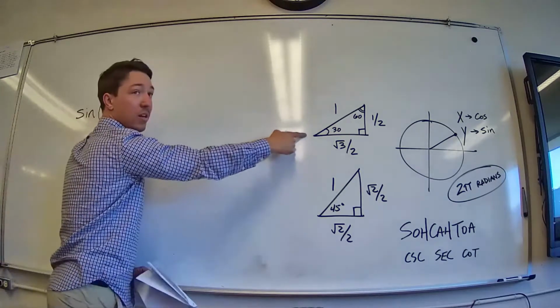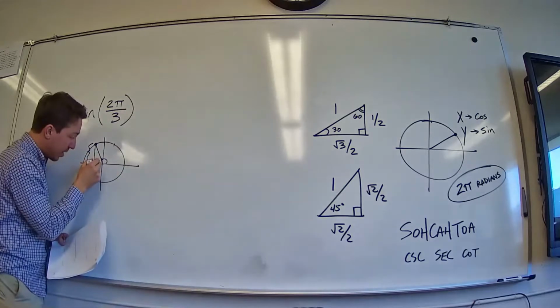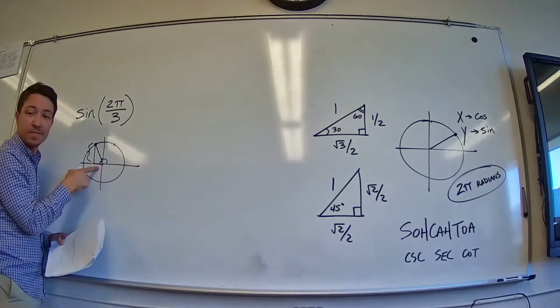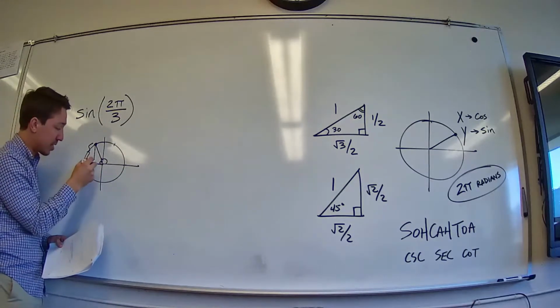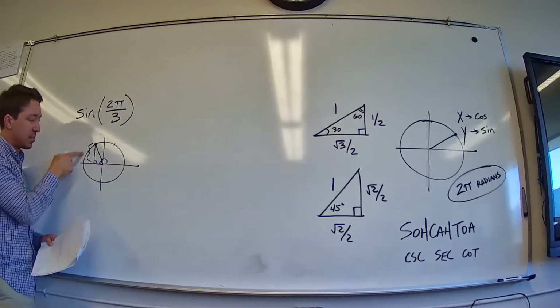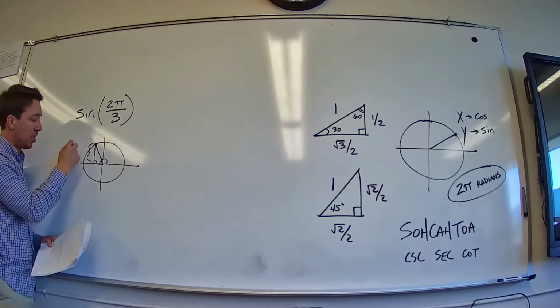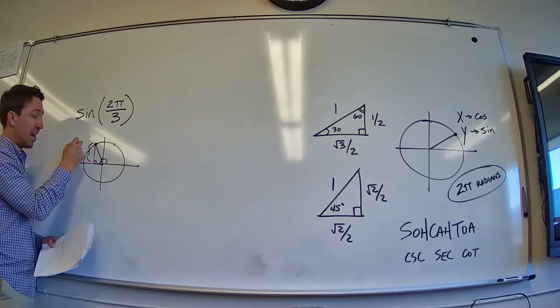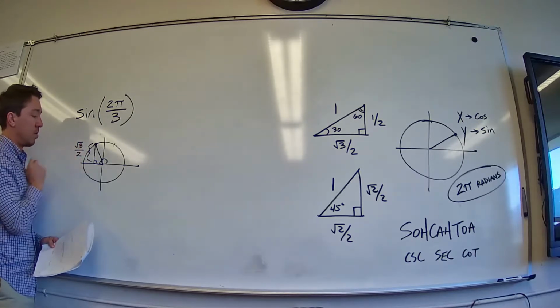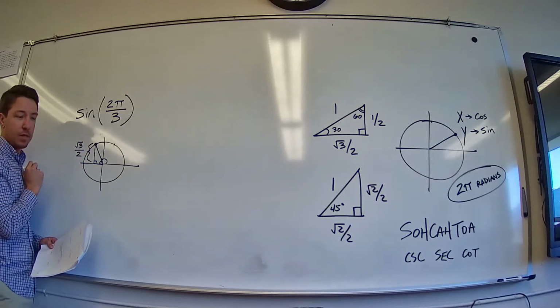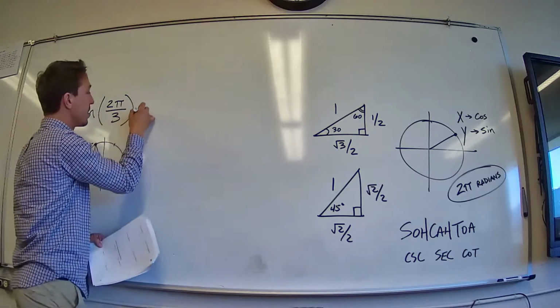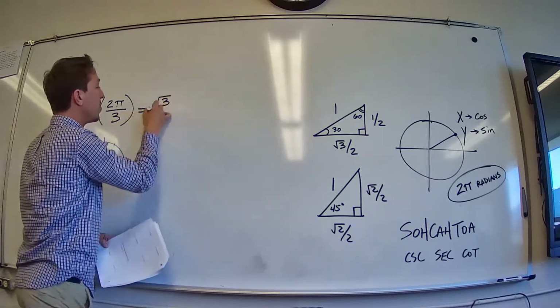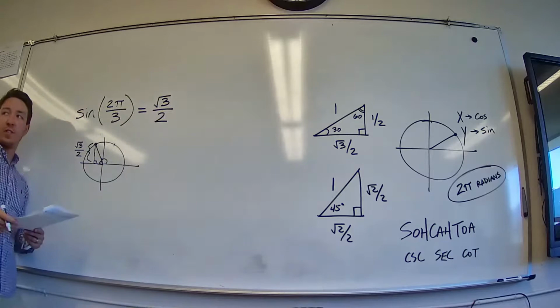It's this one, and this little angle in here is a 60. So how tall is this? Root 3 over 2. So the answer to this is root 3 over 2.